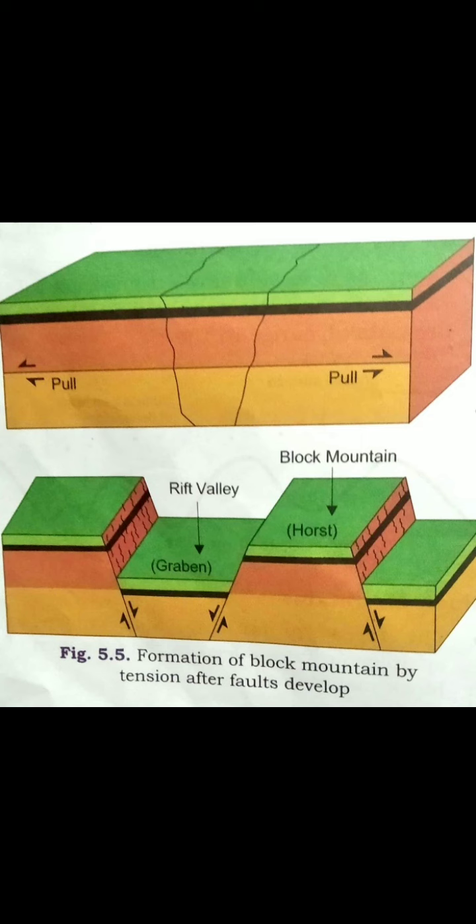Now, in block mountains, there is a tensional force. This tensional force is because of a crack in the earth's surface. If two faults occur parallel to each other, then the land in the middle will subside and fall down. The one which falls down becomes a Rift Valley. Can you see this?